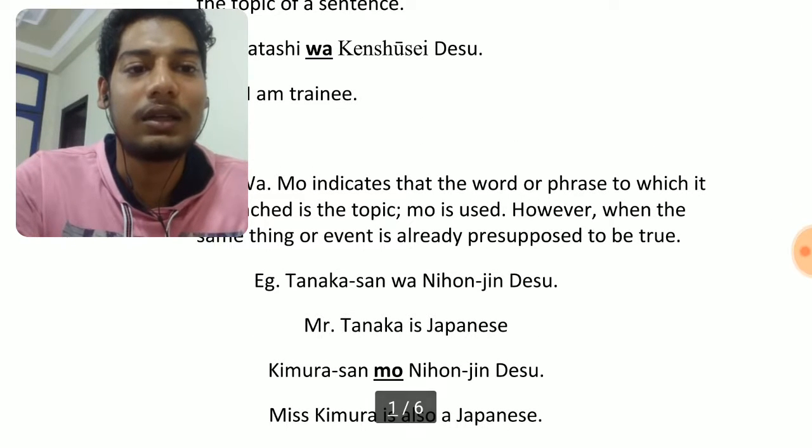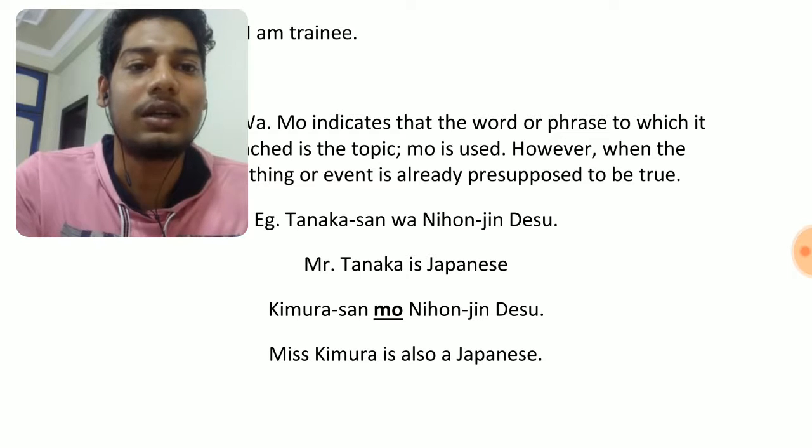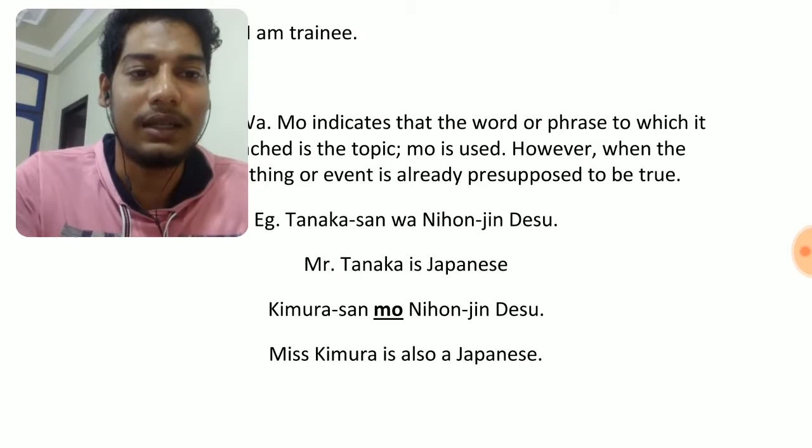Example: Tanaka-san wa Nihonjin desu, Mr. Tanaka is Japanese. Kimura-san mo Nihonjin desu ka? Is Miss Kimura also Japanese? So here mo is used to tell that Kimura-san is also Japanese.